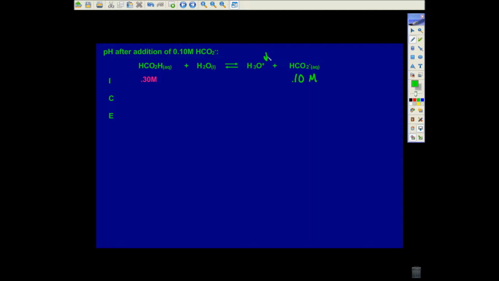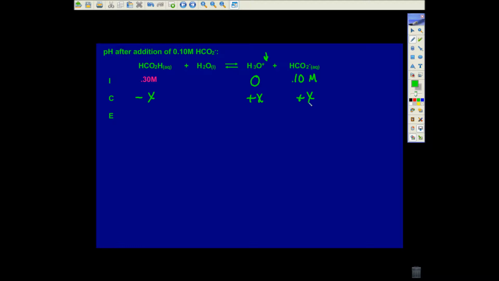Now, you still are going to lose a certain amount of that formic acid. And we're still going to consider the initial amount of the ions to be 0, and the same amount is going to increase for both of these ions on the right side of your equation. So the hydronium is going to go up by X amount.